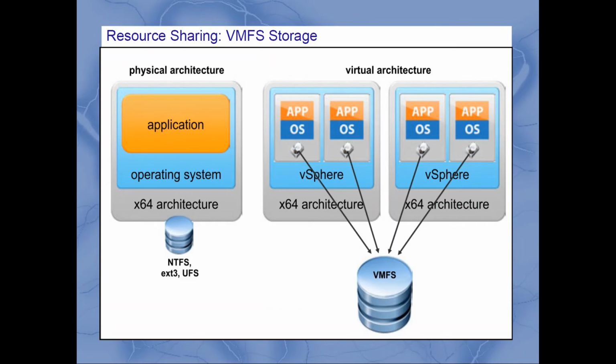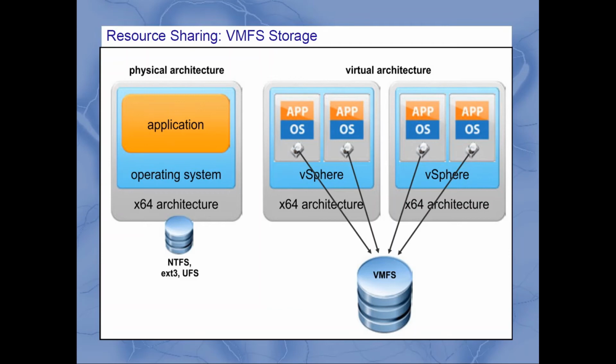It all depends on our requirement. We take that raw LUN and we present it to an ESXi host. The ESXi host formats it with VMFS, which is virtual machine file system. Once it's formatted with VMFS, it becomes a data store. Data store means that we are able to deploy our virtual disks on that data store.